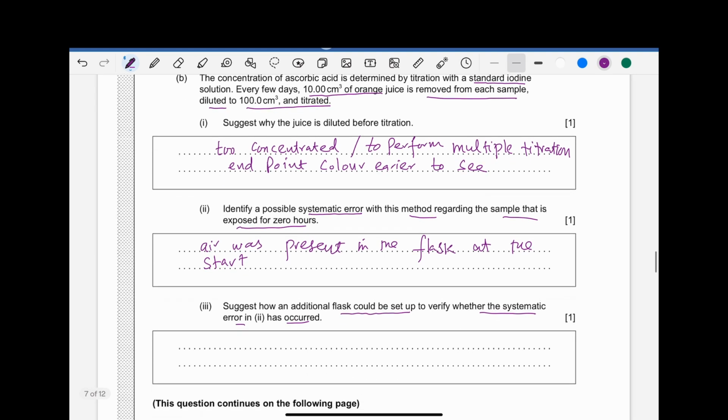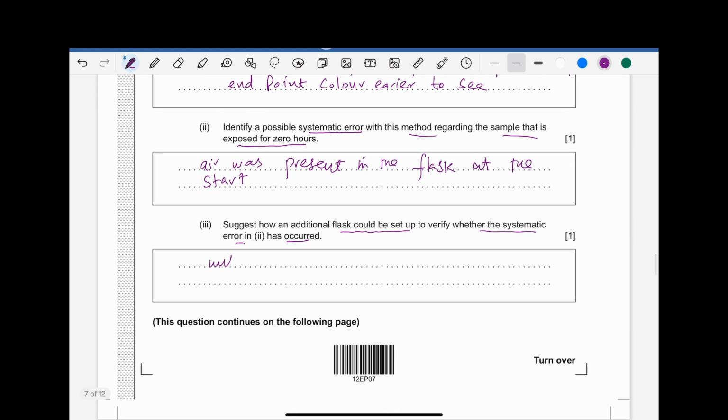So withdraw the sample using a syringe, or we can produce an inert environment. So fill the flask with nitrogen or another noble gas to have an inert environment.